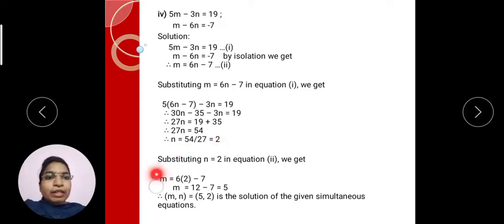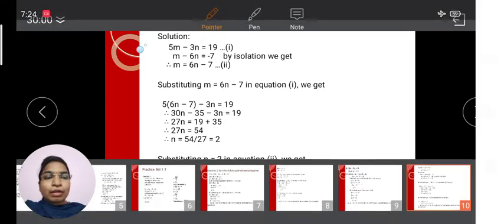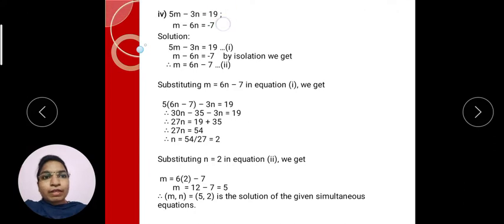Now substitute this n is equal to 2 in any equation. Listen now students, you can choose the first equation, the second equation, or the isolated equation also. Okay students, so I am using here the simple isolated equation, because you should choose the simplest one. Always I am saying to you, when the calculations are less, it is easier. So m is equal to 6n minus 7.